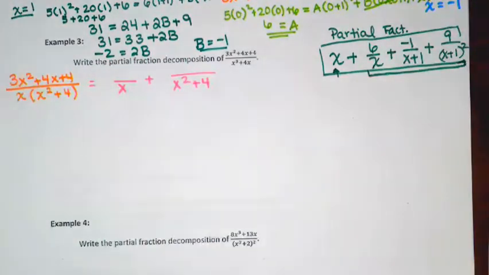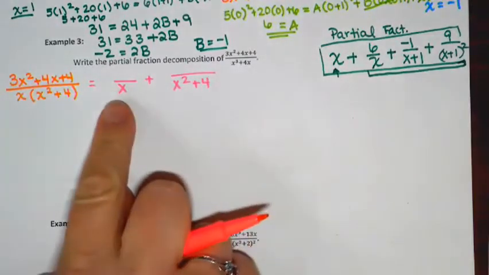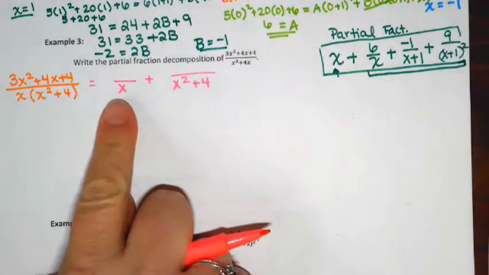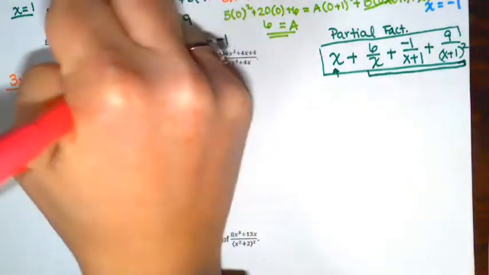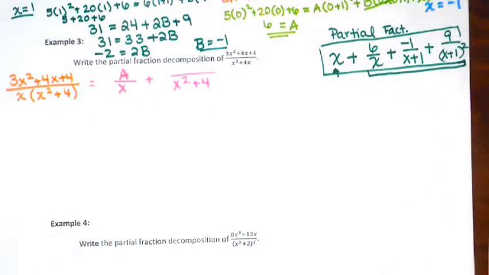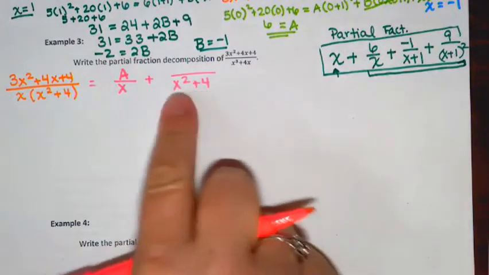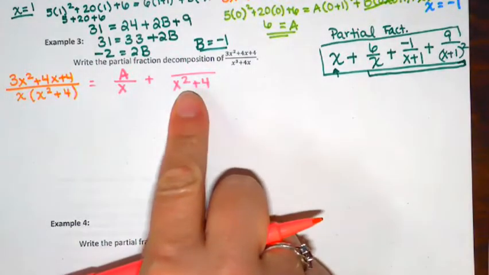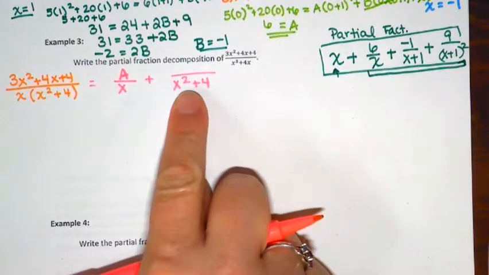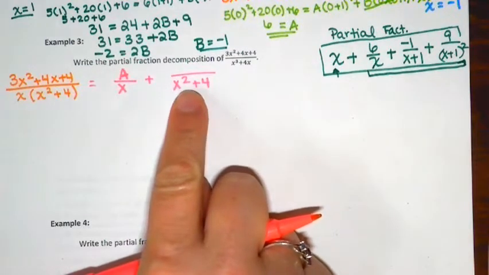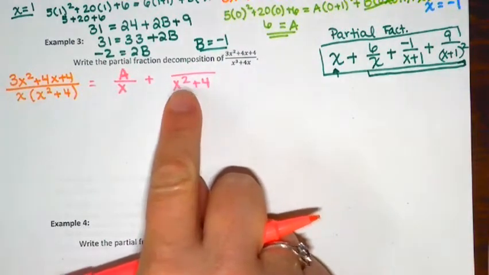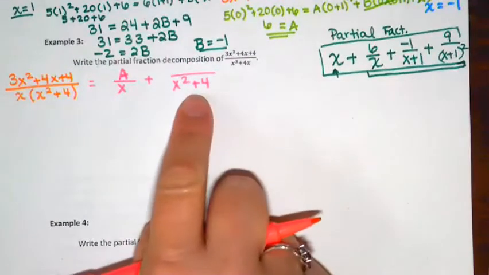Now, x is linear, right? So that is just A over x. Now, the part for B: this one's quadratic. Why is it quadratic? Because it's x squared. The only way I could solve that is to subtract the 4 and then take the square root.